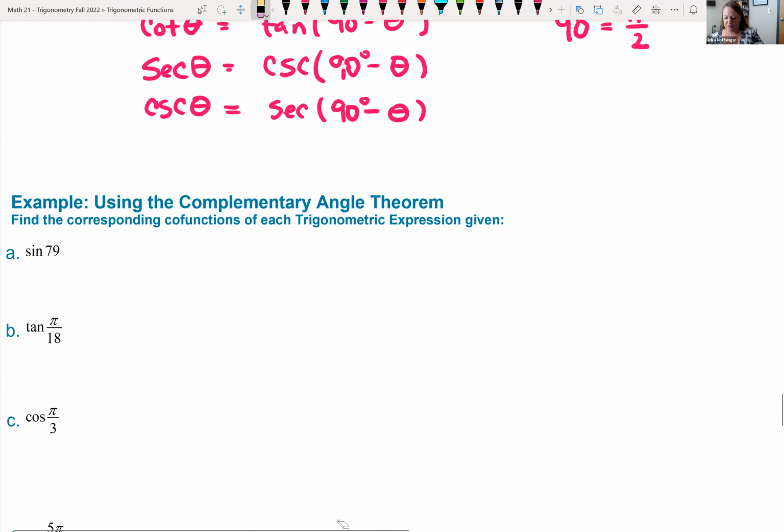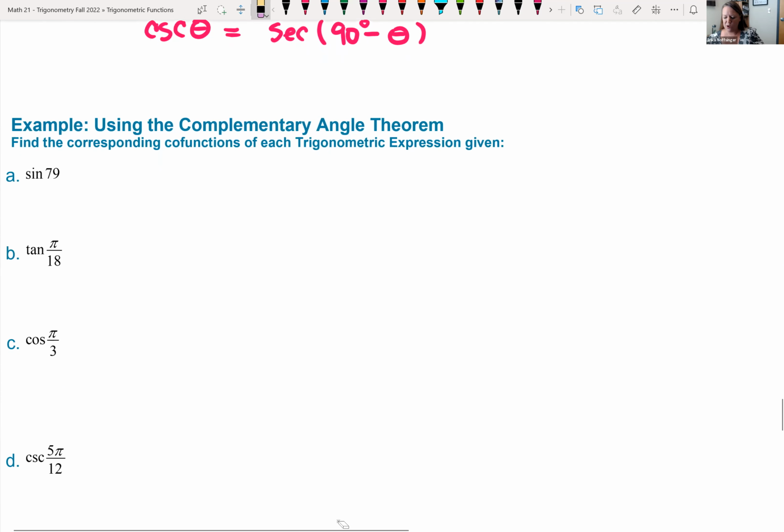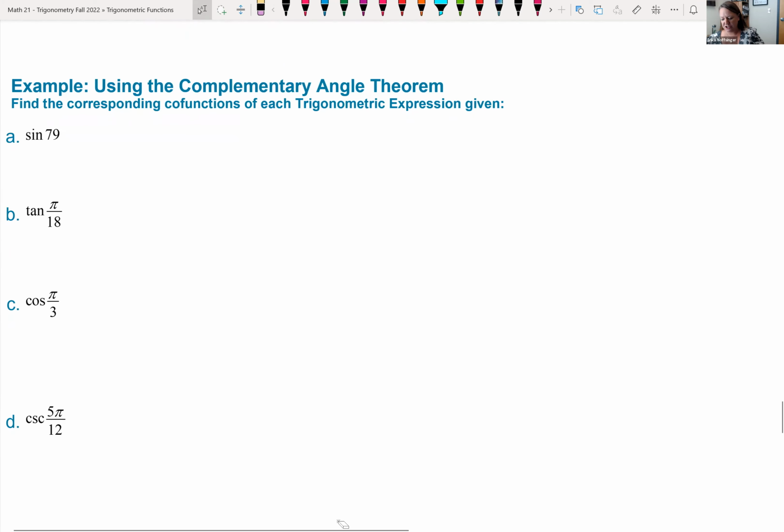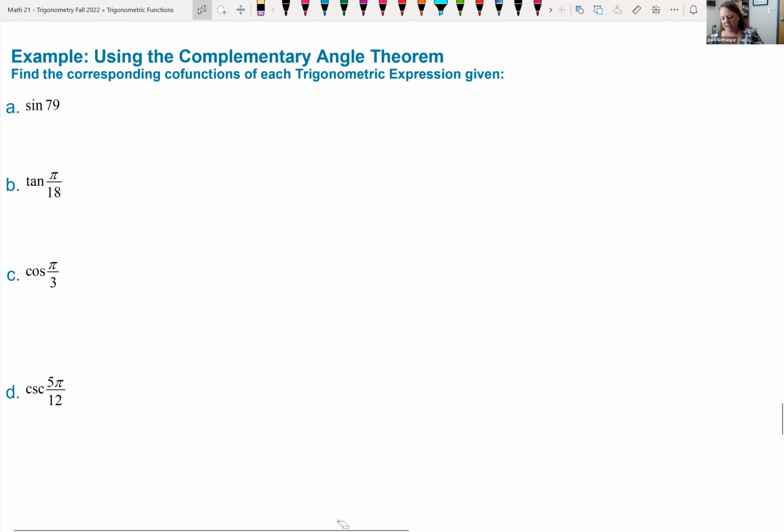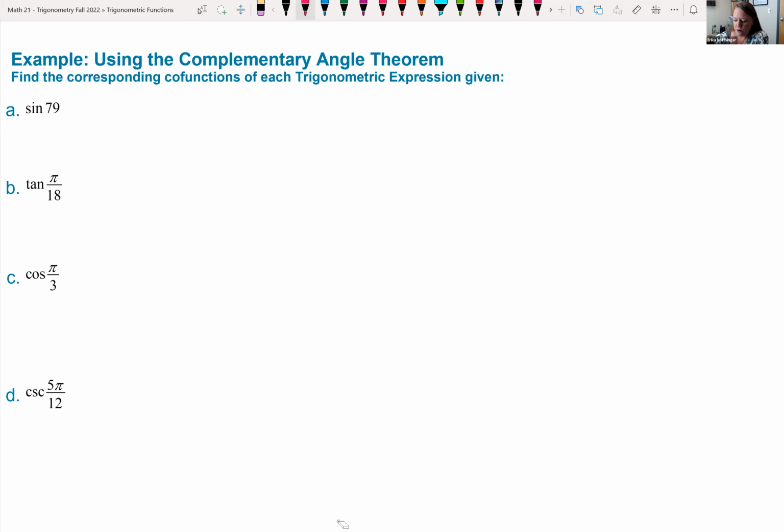So using the complementary angle theorem, find the corresponding cofunction of each of the trigonometric expressions given. So we have sine of 79 degrees. We want to look at the complementary angle of 79 degrees.